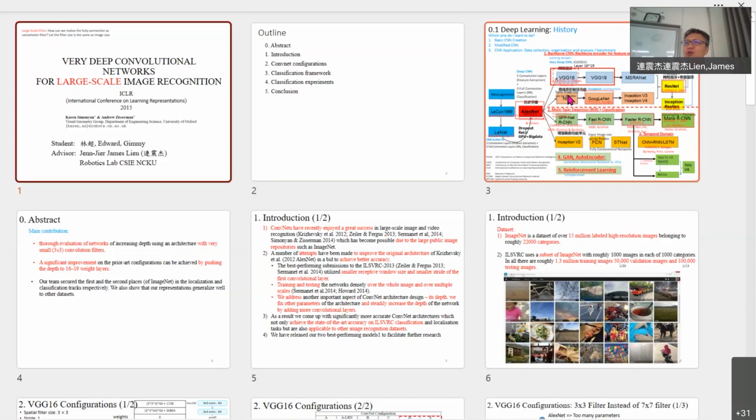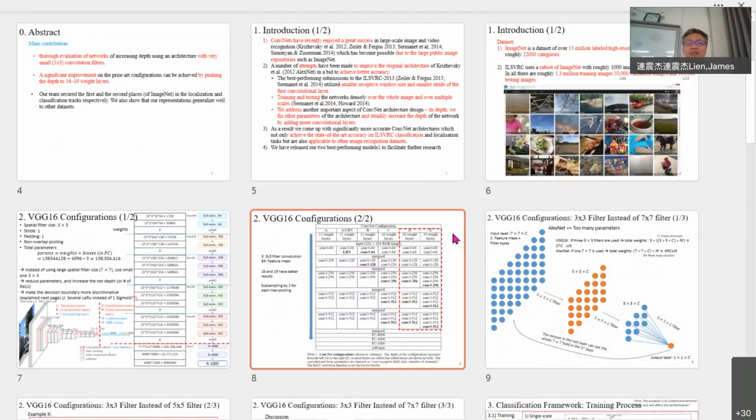So after VGG16 we don't care about saying very deep anymore. VGG comes from a famous Oxford professor's group. AlexNet is from the University of Toronto, where Hinton and his group did AlexNet. Alex is the name of the first author, a former student, and the last author is Hinton, who is very famous.